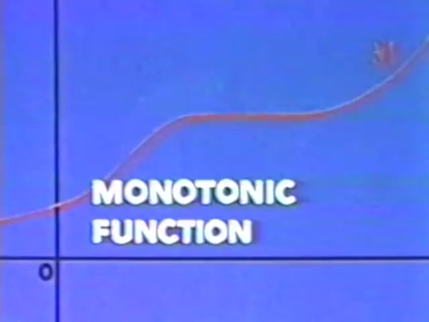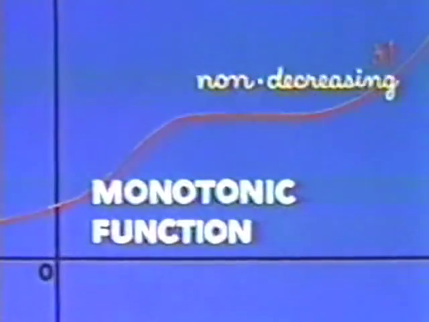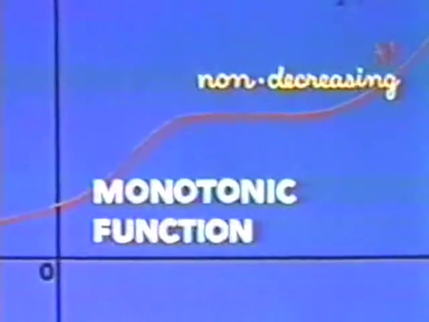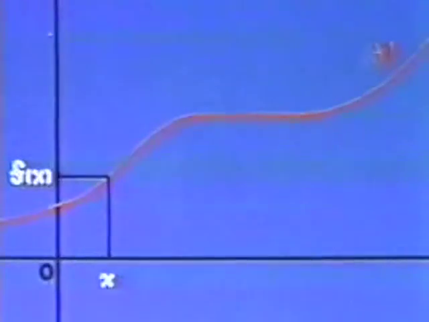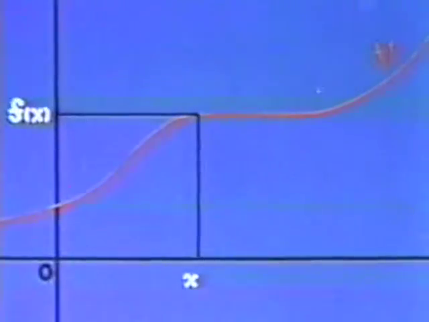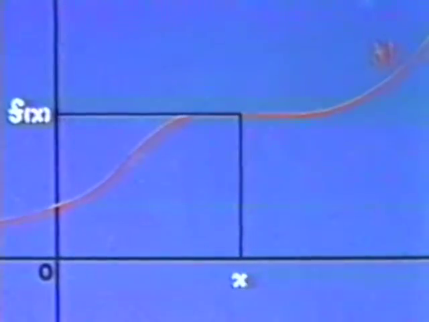We shall consider first the case of a monotonic function, namely a function that is either non-decreasing or is non-increasing. This, for example, is the graph of a monotonic non-decreasing function. When x increases, the value of the function tends to increase or remain the same.